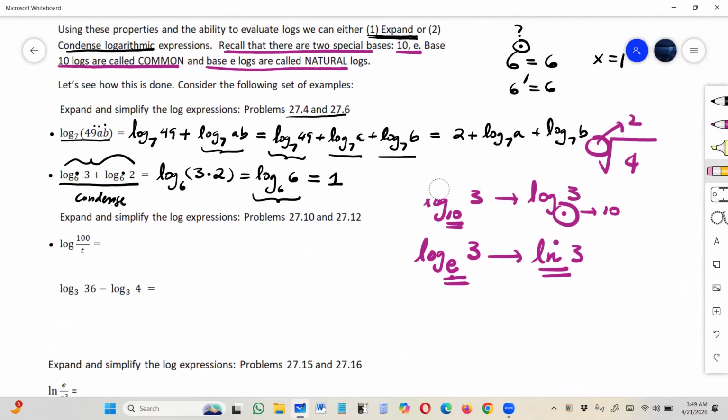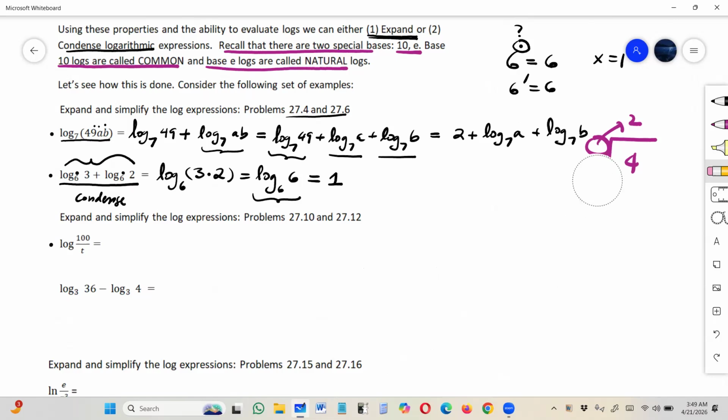Just going to erase this. So you don't see a base, so the invisible base is 10. You don't have to write it there, but that's what it is. I'm just writing it here for you to see.